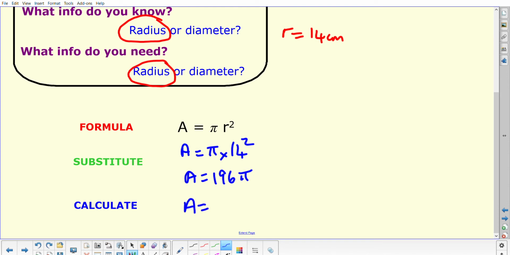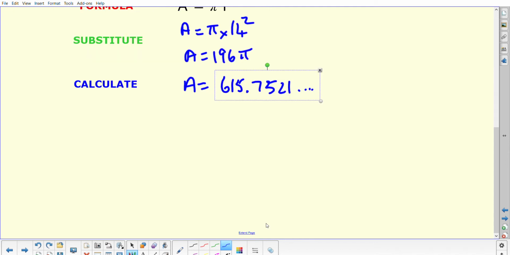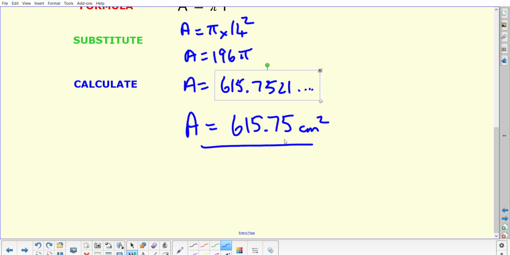And if you press the SD button, then from that you will get your answer of 615.7521, and a whole load of other figures. And this time, remember that with area we need our units to be squared, and because we started with measurements in centimetres, our answer here would be in square centimetres for the area.